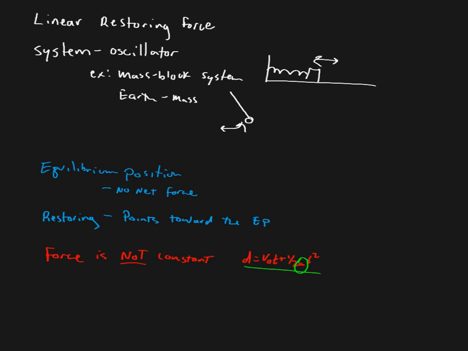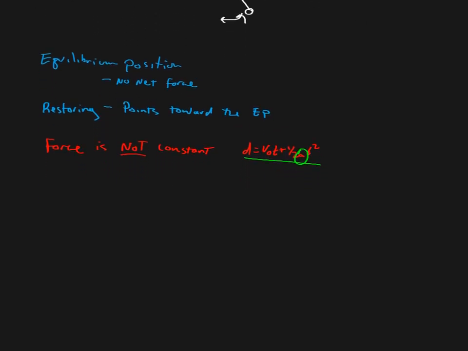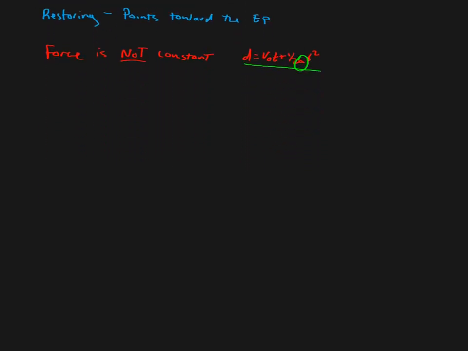Okay, so let's take a look at some other basic properties associated with simple harmonic motion. And what I have here is a block which is attached to a spring, and it's on a frictionless surface. Alright, so here's a coiled spring.